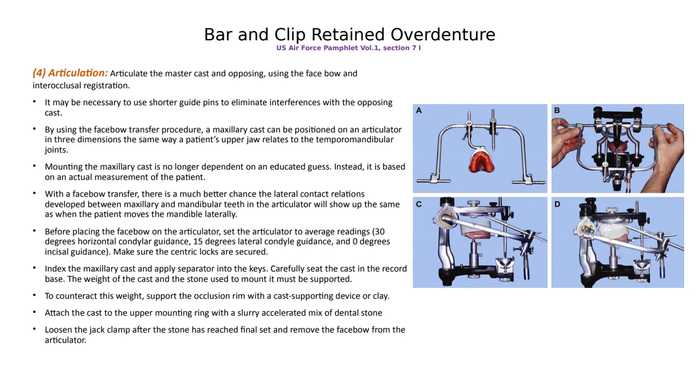So for instance, if the doctor uses a Denar articulator, they're going to use a Denar Facebow that works with that articulator. If we don't have a Denar articulator, then we cannot use that, let's say, for a Stratos articulator. So we have to make sure that we are on the same page when it comes to what type of articulator we're going to use, and also the Facebow that the doctor uses to record all the measurements necessary.